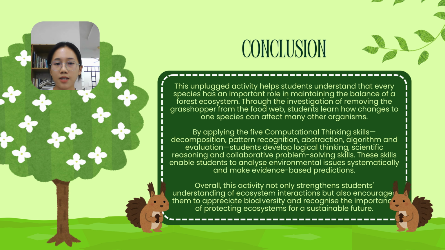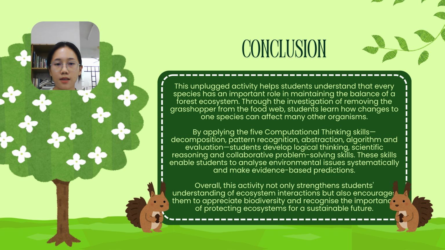In conclusion, these unplugged activities will help the students understand that every species plays an important role in maintaining the balance of a forest ecosystem. By investigating what happens when the grasshopper is removed from the food web, the students discovered that every small change can affect many other organisms through a chain reaction.